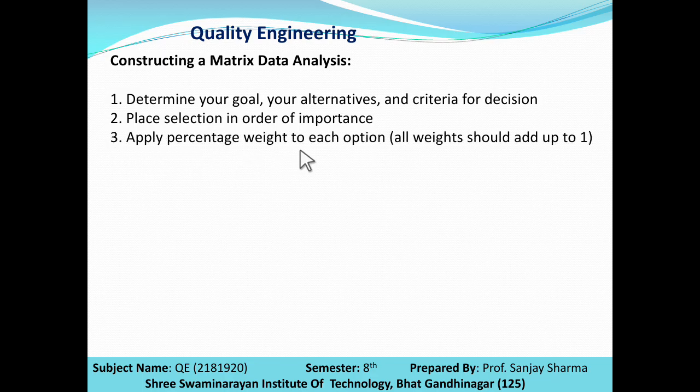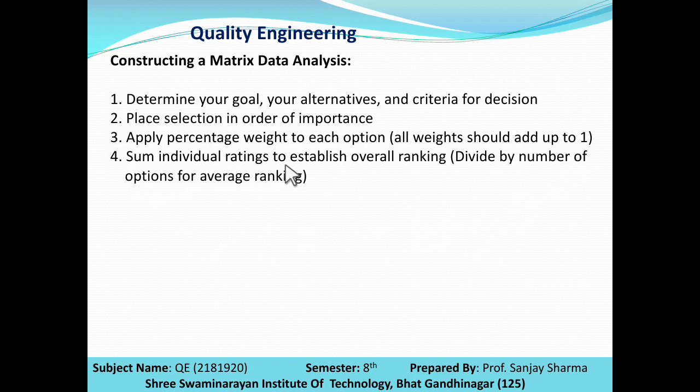Apply a percentage weight to each option. All weights should add up to 1. That percentage weight means, say, this thing has a weightage of 20%, that one has a weightage of 30%, another 5%, another 3%, depending on the weightage.